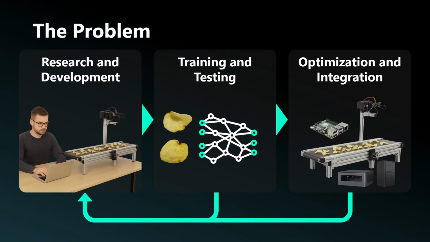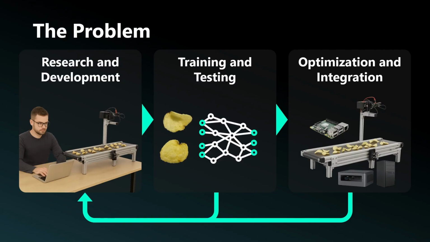But to do so, there might be quite a bit of work left to do because the model needs to be optimized to fit on the existing hardware. And maybe you even need to buy additional hardware that is more powerful and can handle the demands of the model. And then that hardware needs to be integrated into your existing systems. And until you have a working solution, it takes weeks, if not months.